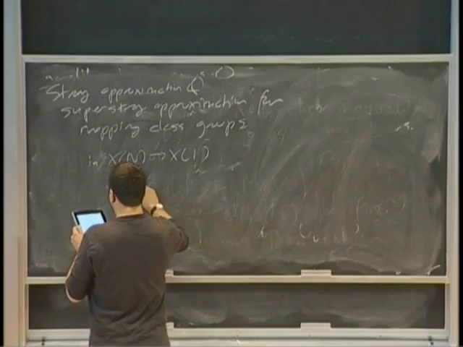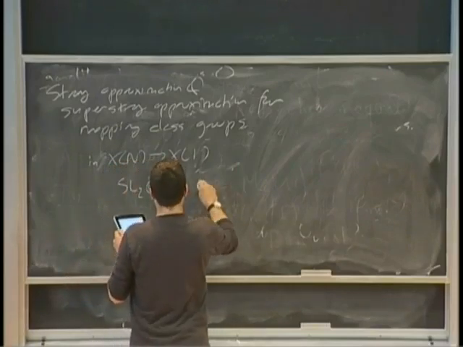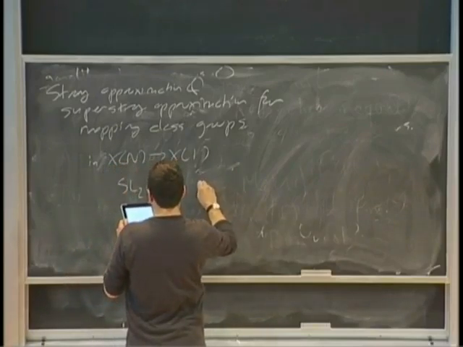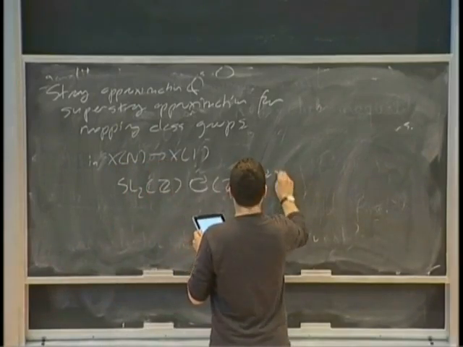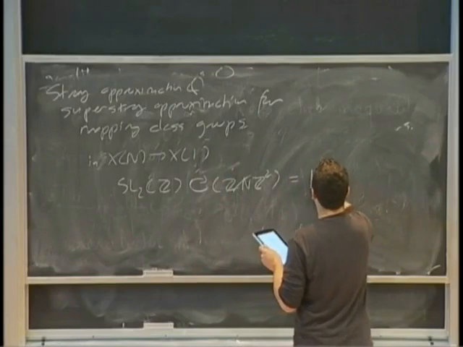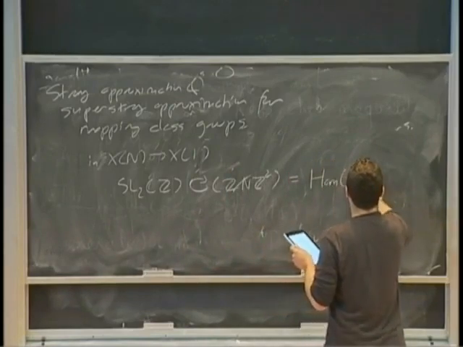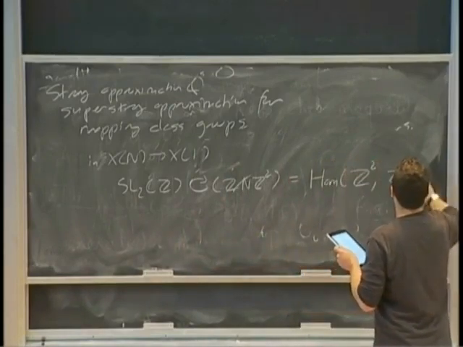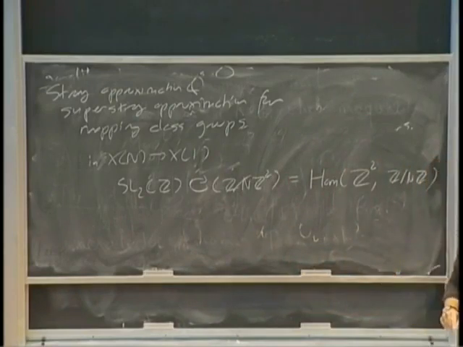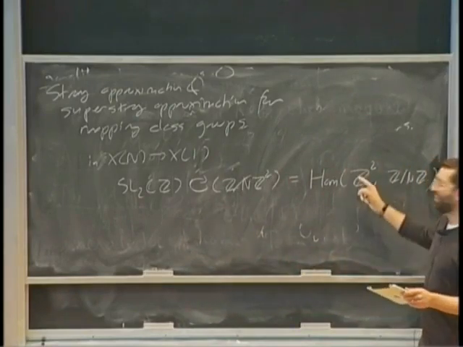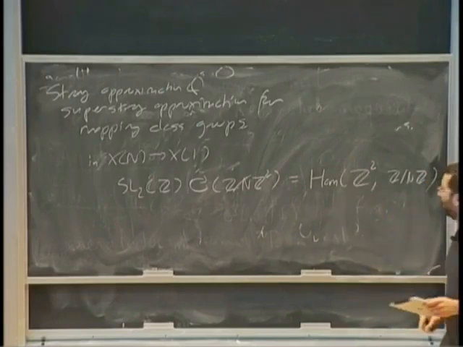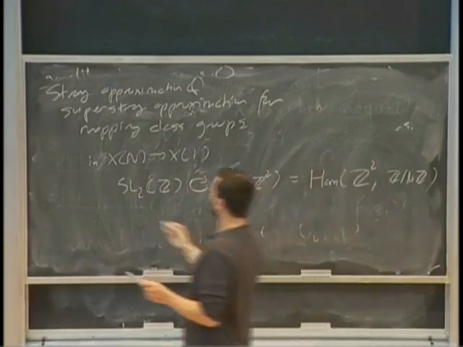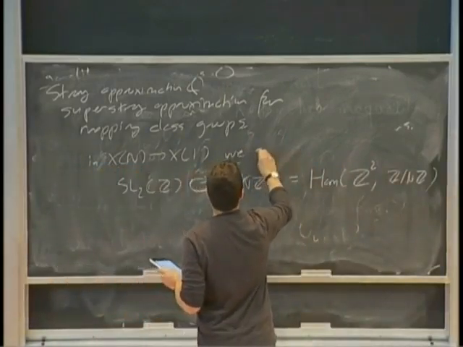What's going on is you have SL_2(Z), acting on (Z/NZ)^2, but I want to think of that as Homs from Z^2 to the finite group Z/NZ. And then it's crystal clear how SL_2(Z) is supposed to act, because it acts on this Z^2. That's its very reason for being, to act on Z^2. And we study this action.